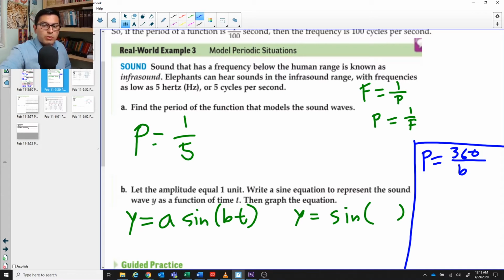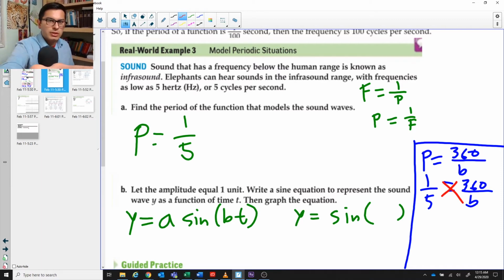So basically, we know exactly what our period equals. Our period equals 1 over 5, and that is going to equal 360 over b. So we just need to solve out for our b value, and we should be able to just place it into our equation. The easiest way to do this is just to cross multiply across this equation, and we'll get b on one side, and on the other side we're going to get 360 times 5.